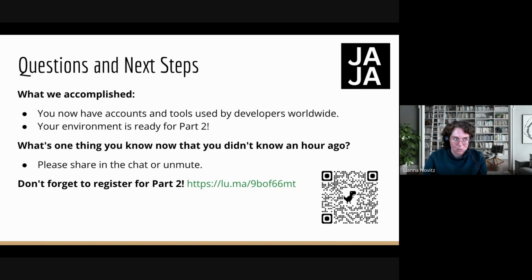JAJA is the first open source project that I've ever contributed to, but I've been a software engineer for about 4 years now, and I was a data analyst for 3 years prior to that, and I'm sure a lot of the libraries that I've used were open source.